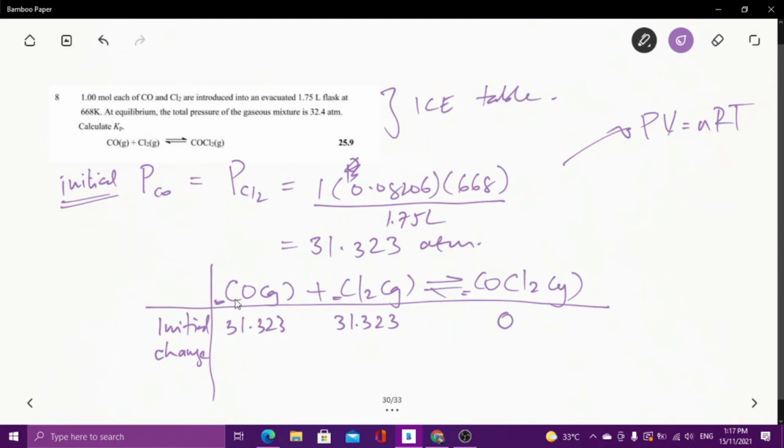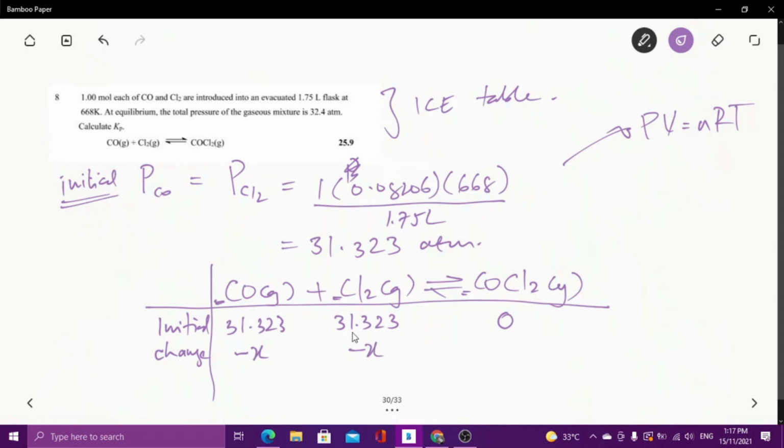So kat sini bagi CO gas, change dia will refer to the number of mole 1 darabkan dengan value of X. So the change here, since dia akan menurun, so kita akan letak negative X. Okay, so sebanyak inilah perubahan yang berlaku pada initial partial pressure of CO. Untuk Cl2 pun sama juga, dia akan mengalami perubahan sebanyak negative X.